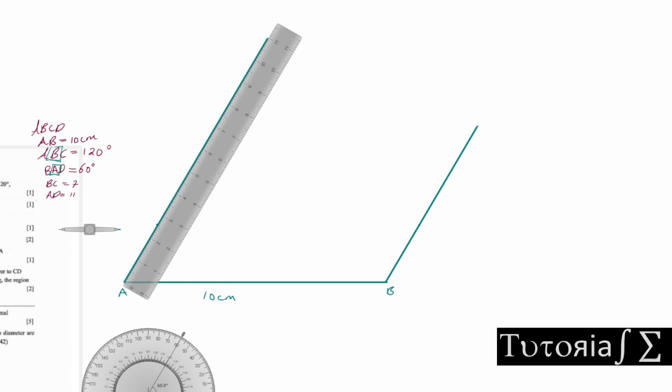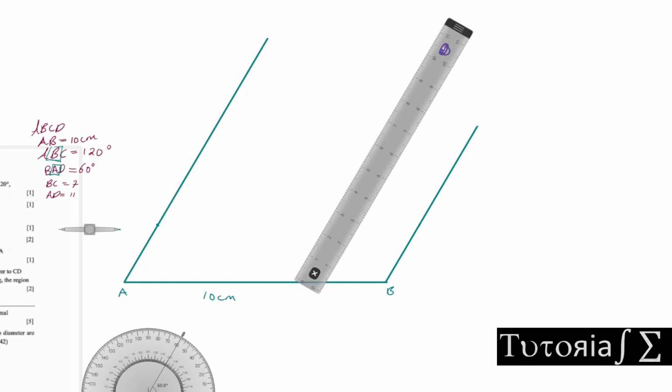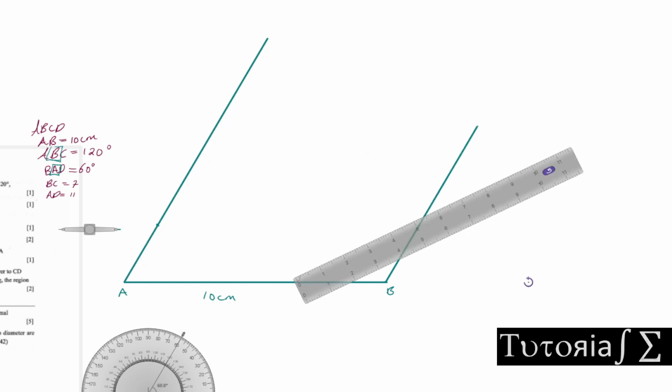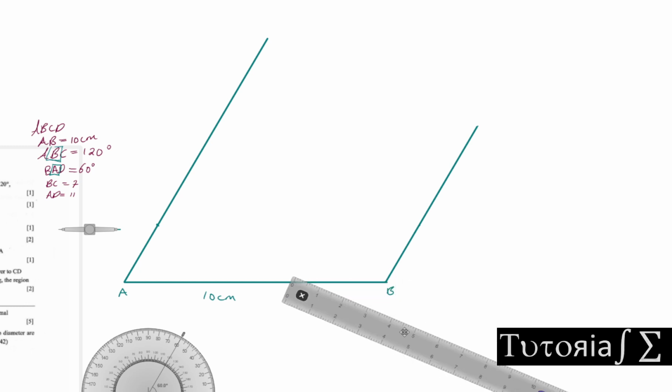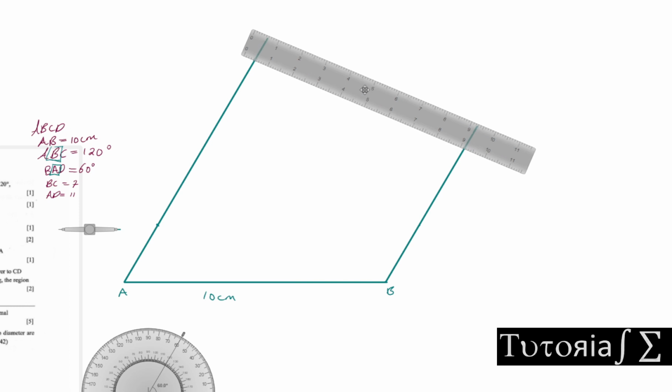Then from here, I can just join the 2 parts. Again, I should be very careful.